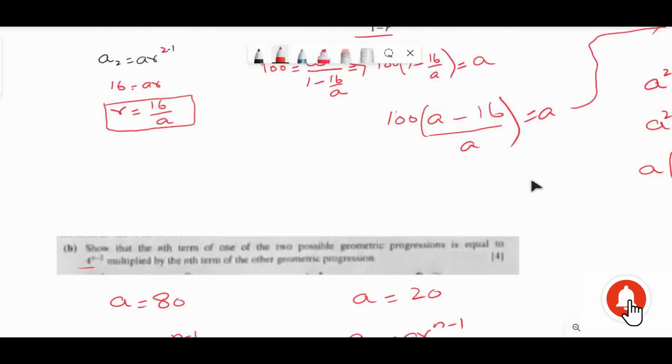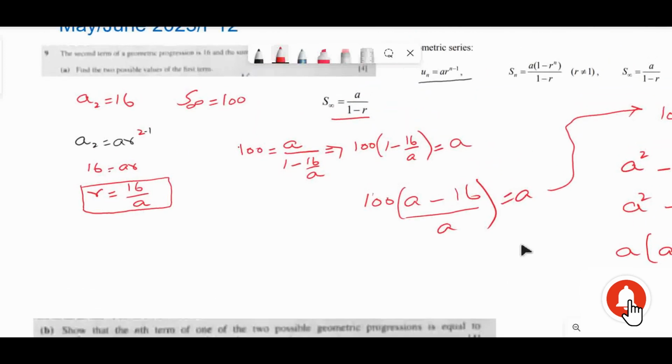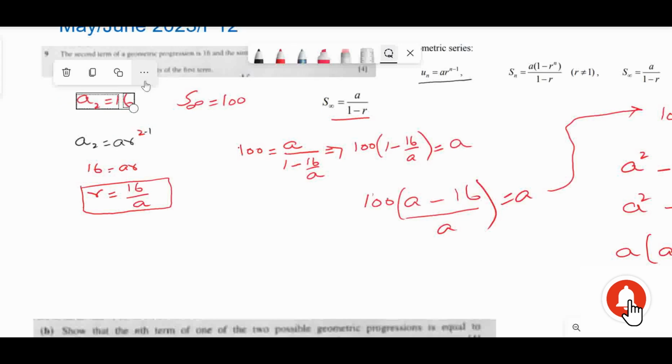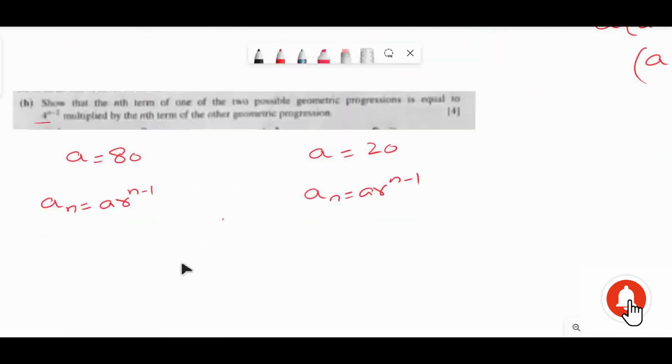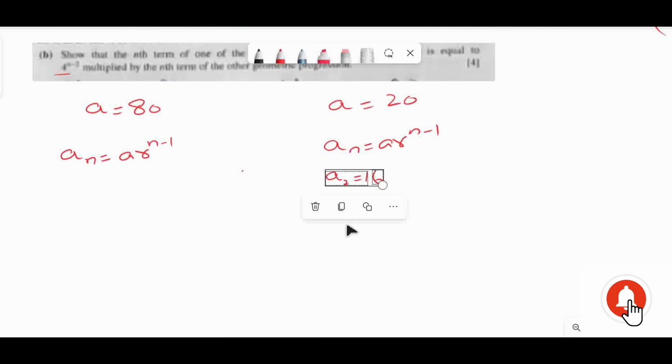We can see that in the previous part it is given that a2 is equal to 16. So we will use this concept: a2 equals 16.